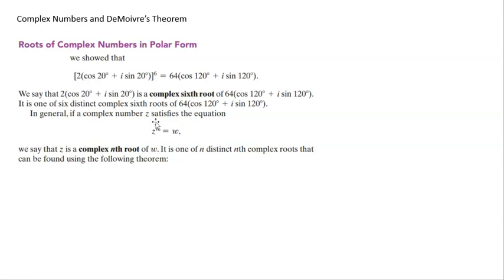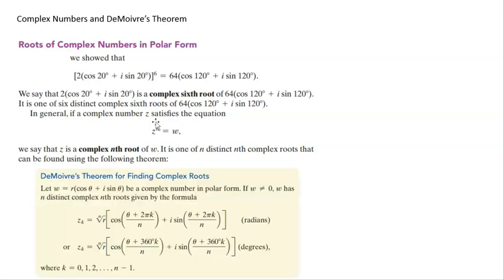It is one of n distinct nth complex roots that can be found using the following theorem. So here is the theorem, and it's DeMoivre's theorem again, working backwards, okay? So notice, let w be a complex number in polar form. As long as w is not equal to 0, w has n distinct complex nth roots given by that formula.